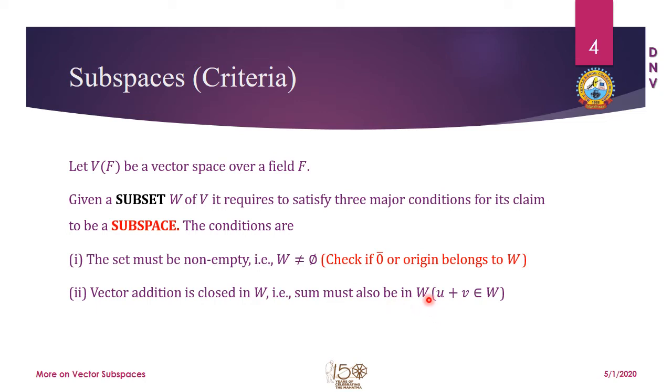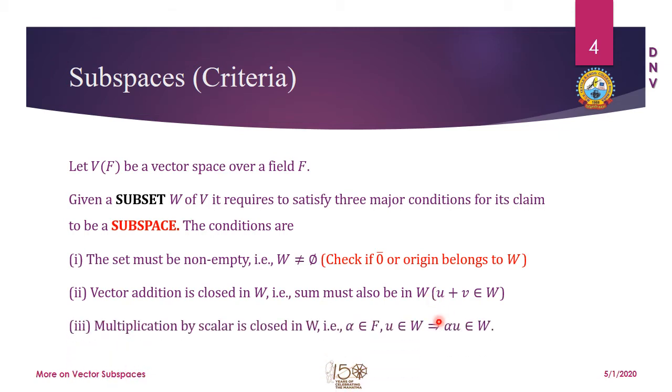And the third condition, which is the last condition and the most important part, is that multiplication by scalar is closed in W, that is for any arbitrary alpha in F and a vector u in W, the scalar product of alpha and u is a member of W. So if the 3 conditions are satisfied by a subset W of V, then we call this W a subspace.